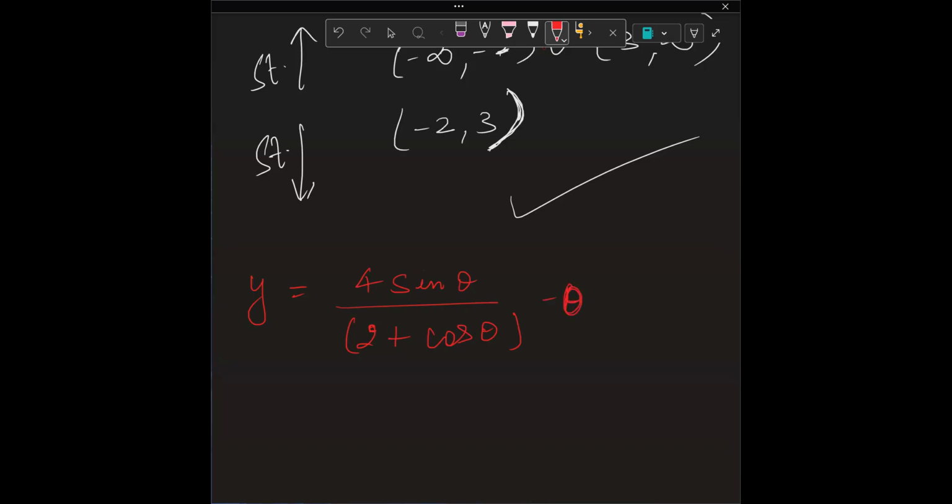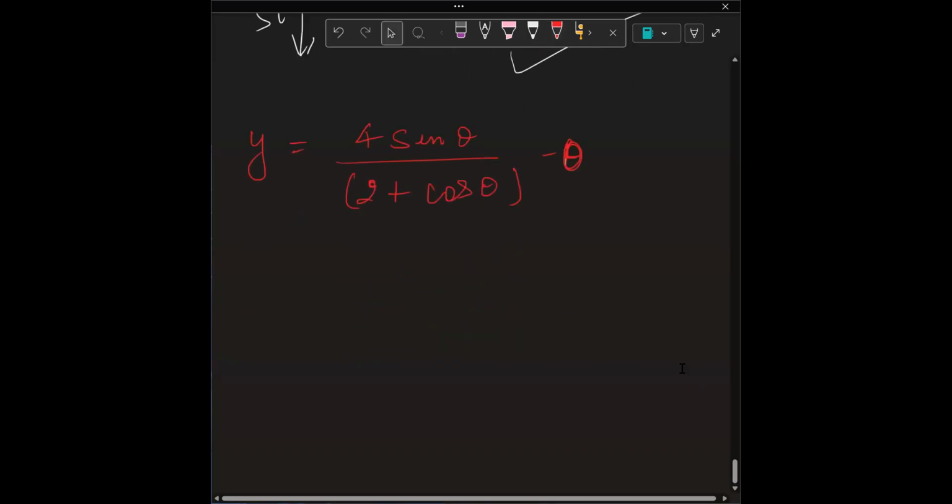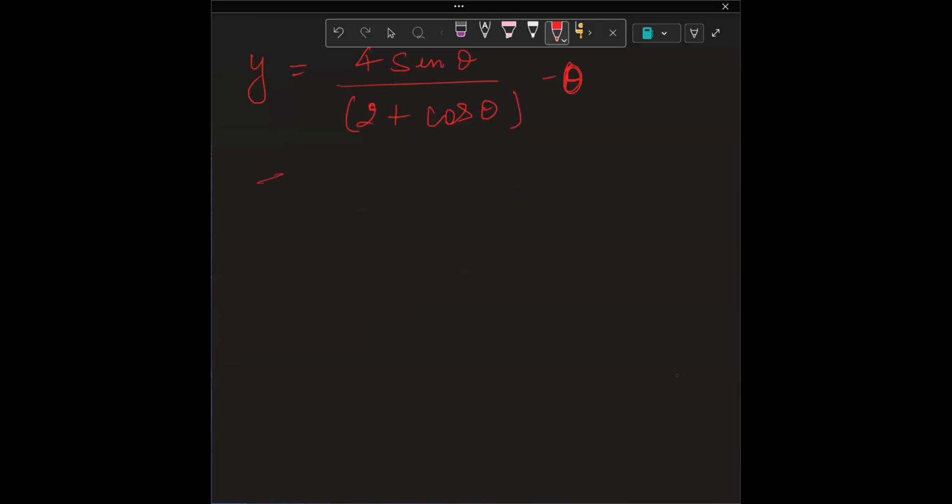So you have this function y equals 4 sine theta upon 2 plus cos theta minus theta, and you have to prove that this is an increasing function of theta, where theta belongs to 0 to pi by 2.